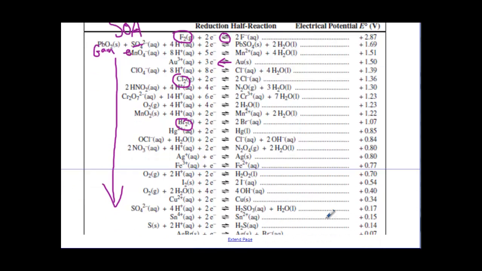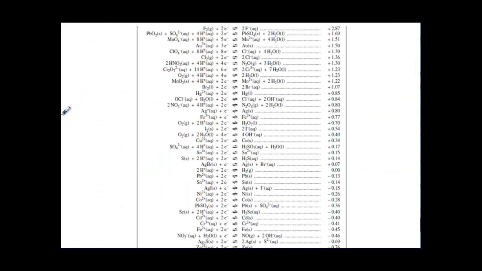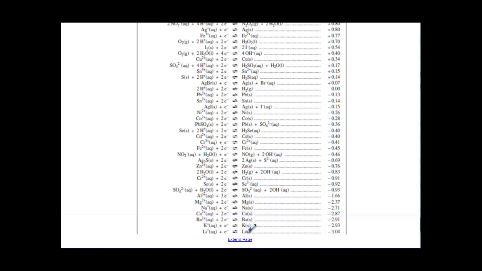Conversely, on the bottom side of your table, way over here, I don't have the whole table drawn, but the strongest reducing agents are down here, and these are the ones that are the most likely to lose their electrons. Maybe I have the full table on another slide somewhere here. There I do. Lithium is actually the strongest reducing agent, which as a reducing agent means you're getting oxidized.